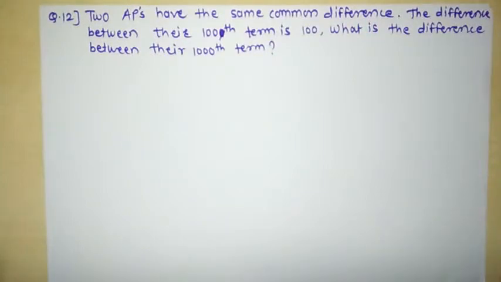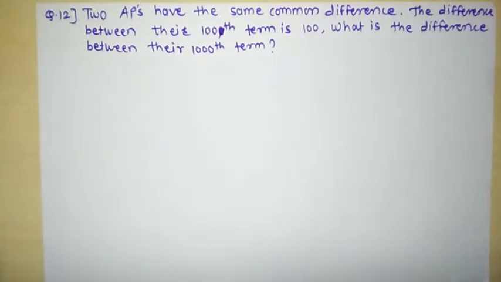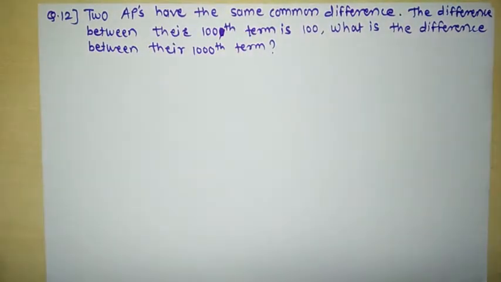Now we will see question number 12. What is question number 12? See here, two APs have the same common difference. There are two arithmetic progressions, two lists of numbers having the same common difference. दोनों का common difference same है. The difference between their 100th term is 100.